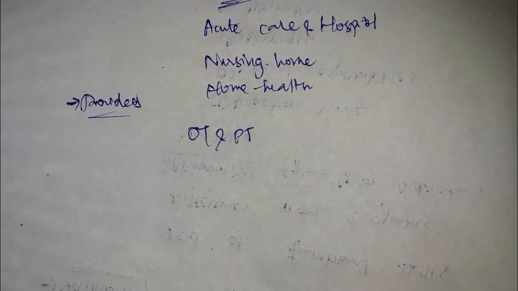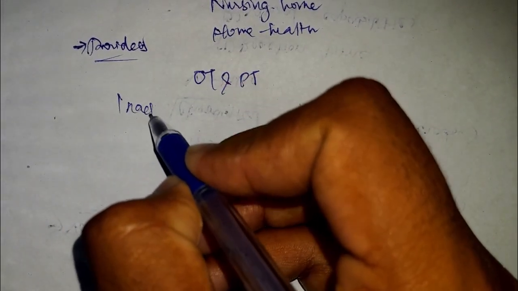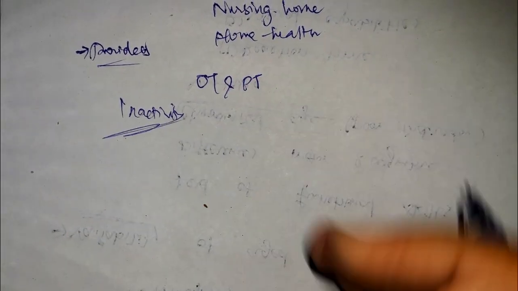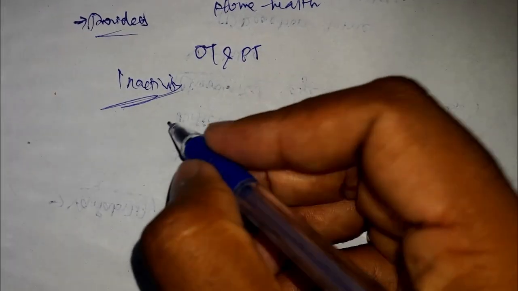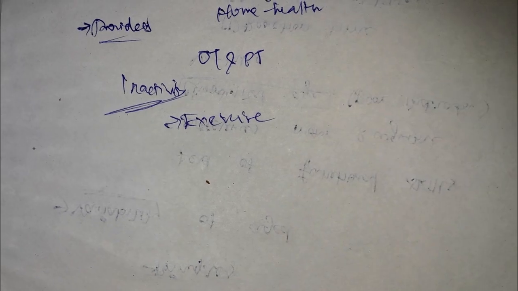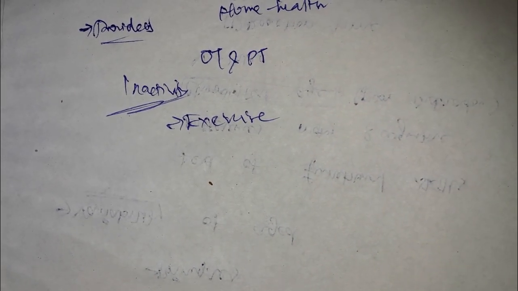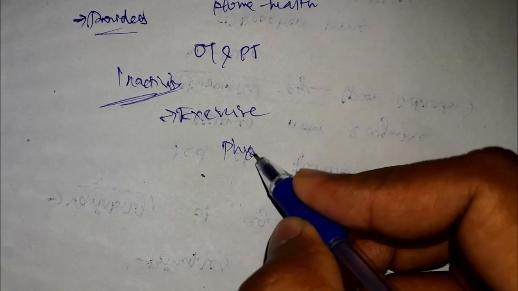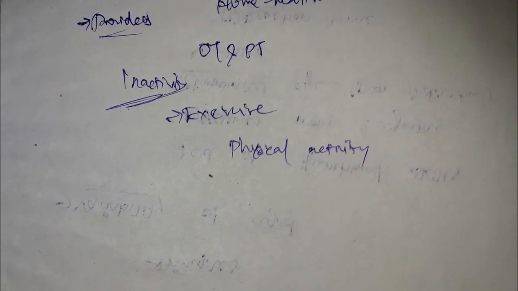Okay, we already talked about inactivity. So activity may lead to the normal rehab process. We can give exercise to reactivate the muscles, reactivate the nerves and reactivate the cardiovascular functions and all. So we can say regular physical activity can enhance our life.